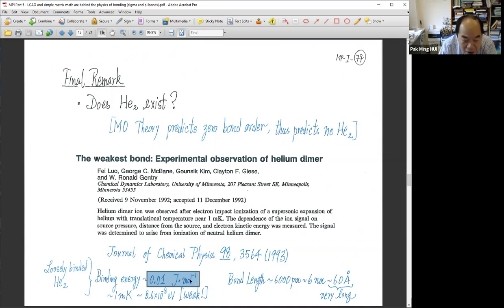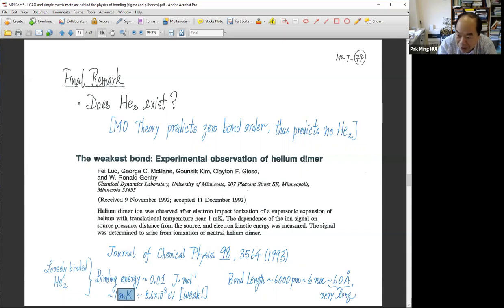To give you an order, if you change it to a temperature, it is millikelvin. That is to say, at any reasonable temperature, that is already sufficient to dissociate this helium-2 into two helium atoms.